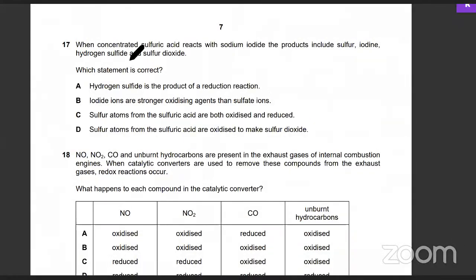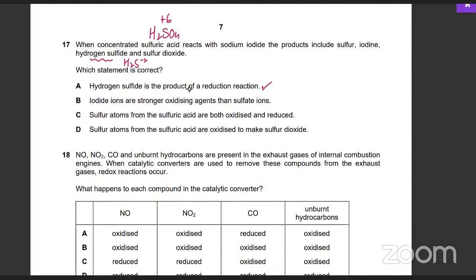So if we go back, which statement is correct? So all sulfur products are a product of reduction. So I think the first statement is true, that the sulfuric acid where sulfur has an oxidation state of +6 turns into hydrogen sulfide, which is H2S, where sulfur has an oxidation state of -2. So that is reduction.